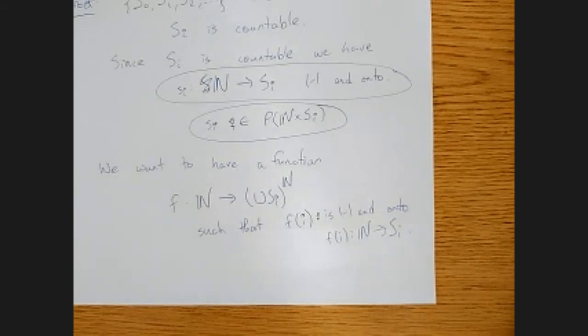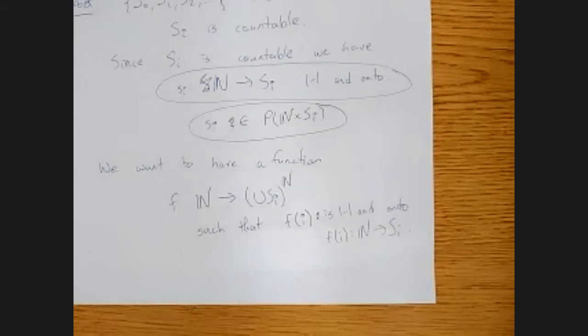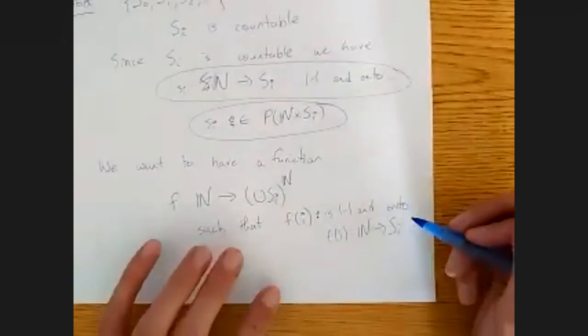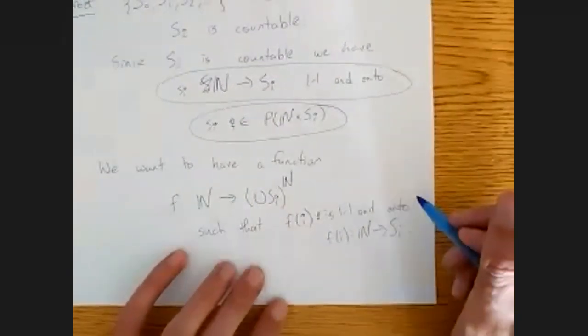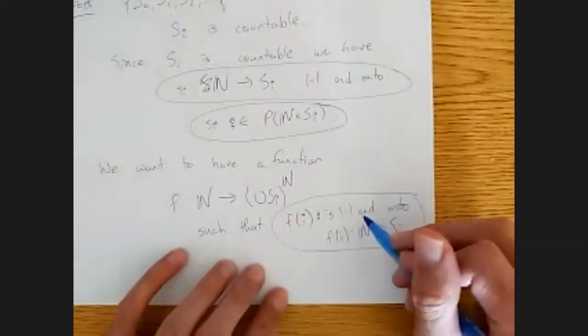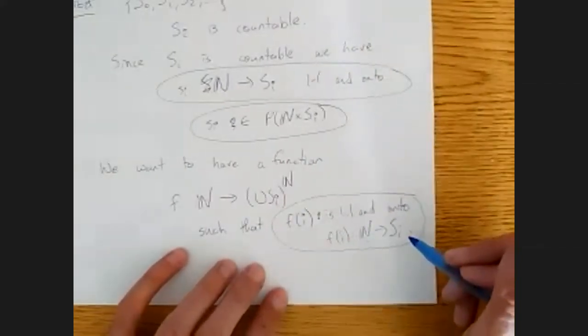My problem is, what am I choosing from? I guess for each i I want to choose a 1-to-1 and onto function from the natural numbers to S_i.